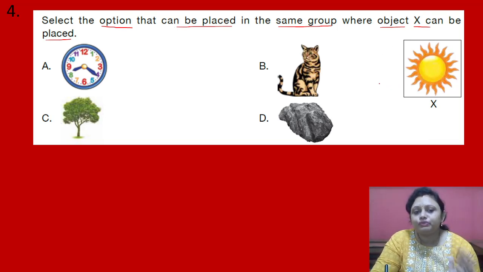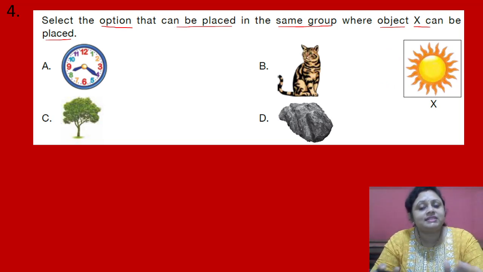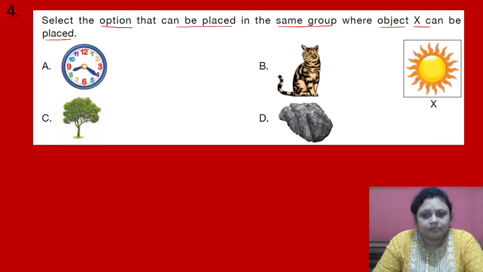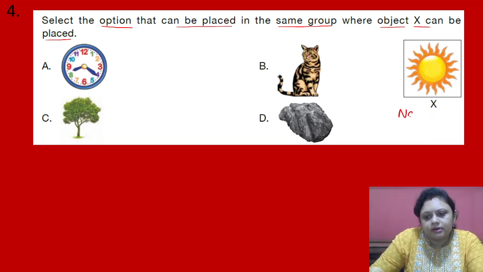We have to find out the option which can be placed in the same group in which we can place the sun. And you know the sun is non-living, right? And it is also natural. So the sun is natural and non-living.